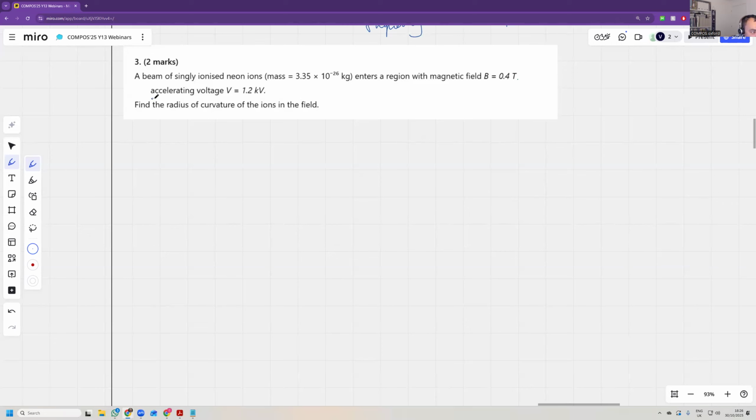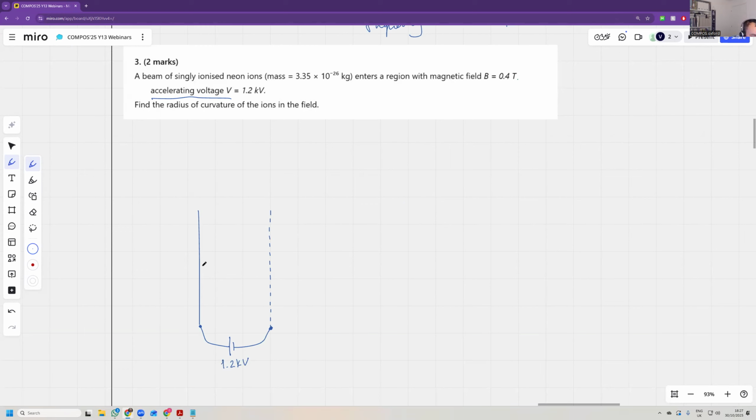So what is accelerating voltage? Accelerating voltage means that there's two plates, or a plate and a net. And there is a potential difference of 1.2 kilovolts.